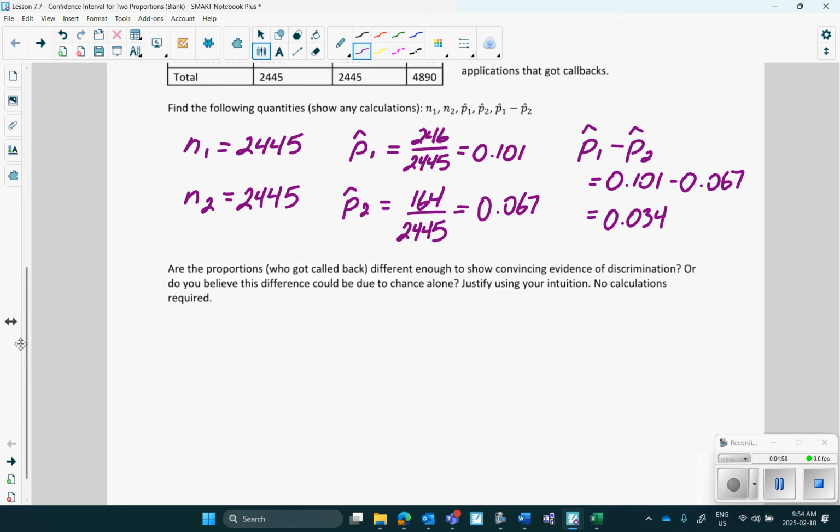But we could have got those results by chance alone. We're not entirely sure yet. So are they different enough to show convincing evidence of discrimination? Possibly, but we don't know for sure, because we may have got these results by chance.